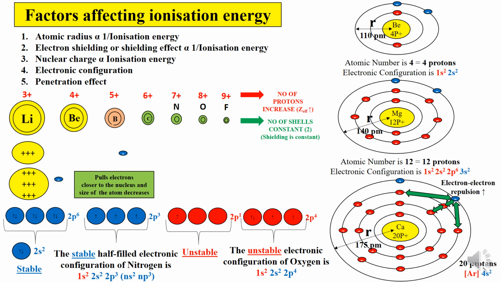Therefore, you can conclude that nuclear charge is directly proportional to the ionization energy. As the number of nuclear protons increases, the ionization energy also increases. As the nuclear charge decreases, ionization energy also decreases.